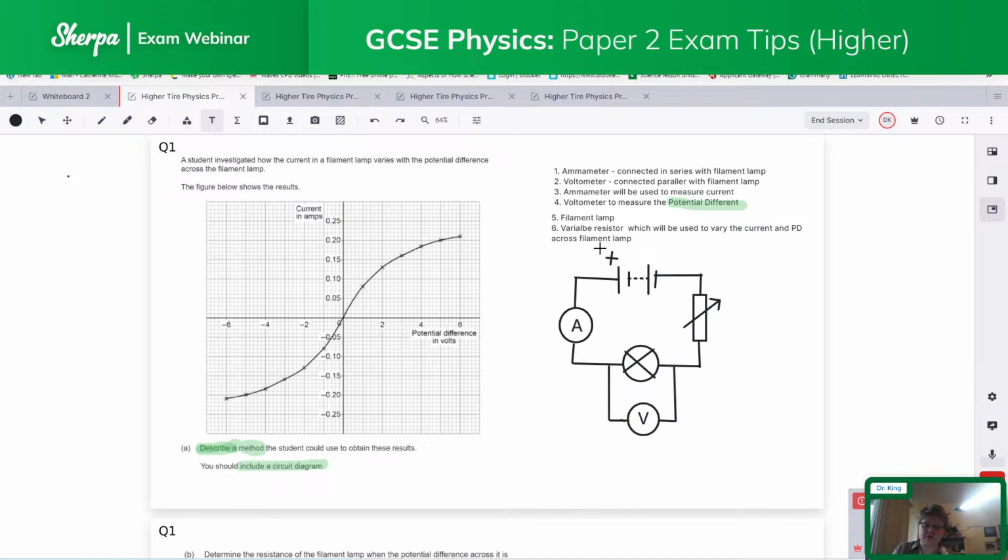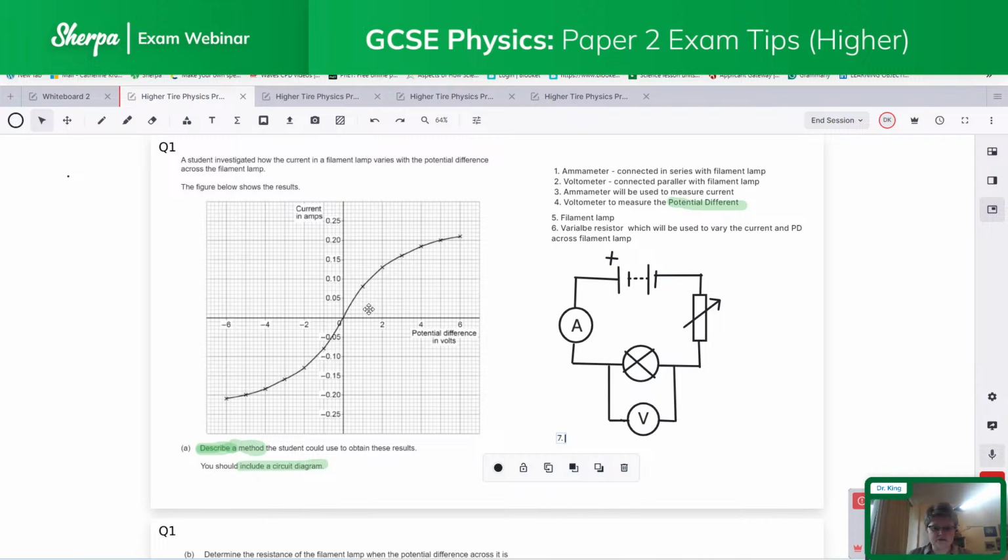We stated what components and elements we need to measure potential difference and current. What else do we need to state in my method to make sure I get exactly that curve? The next point will be the range.